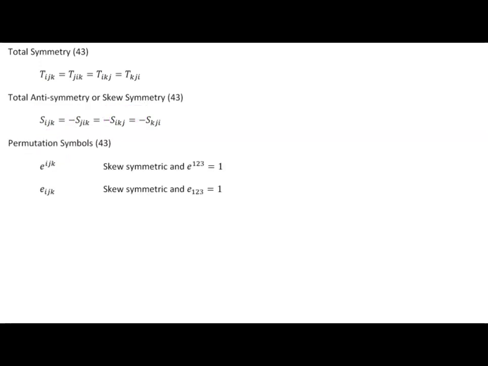And with that, we went on to define two new symbols, the permutation symbols. We said that E_ijk in either of these forms is going to be a system that is skew-symmetric, and the primary position is going to be equal to 1. That means that the value of each of these symbols is either going to be 0, 1, or negative 1.